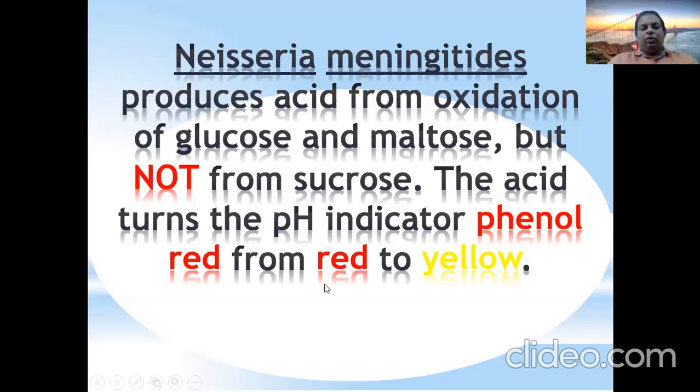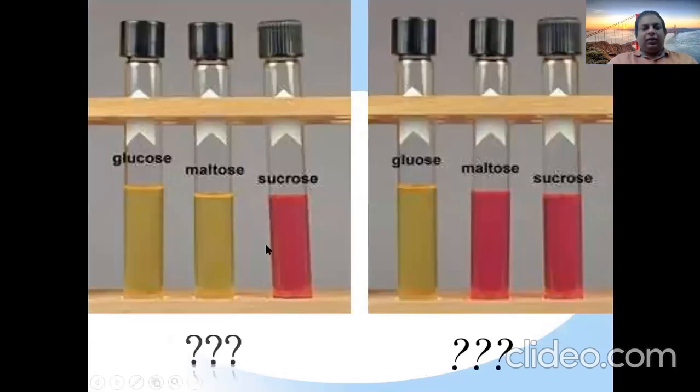For that we use an indicator. The indicator is pH dependent, and here we use phenol red. Once acid is produced, it turns yellow. Acidic pH is yellow; otherwise it's red. Initially it is red in color.